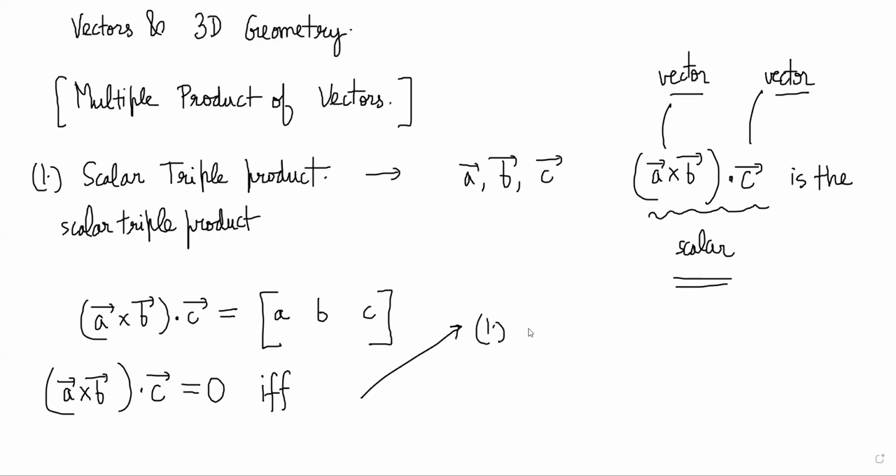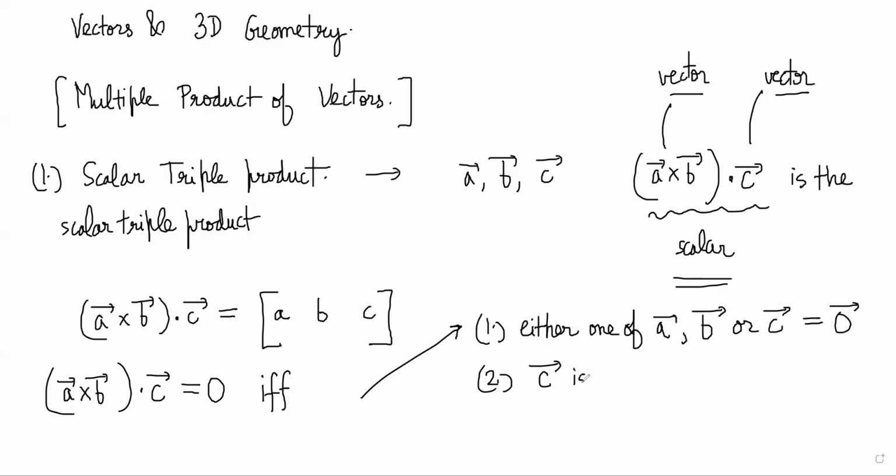One case is either one of A, B, or C is a zero vector, right? If one of them is a zero vector, you will get a zero here. And if none of them are zero vector, then C is perpendicular to A cross B.